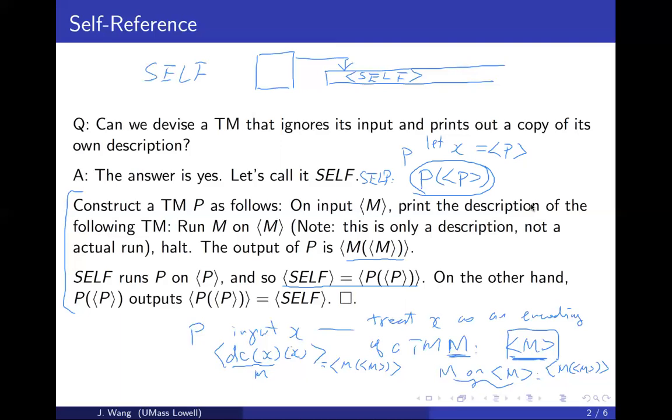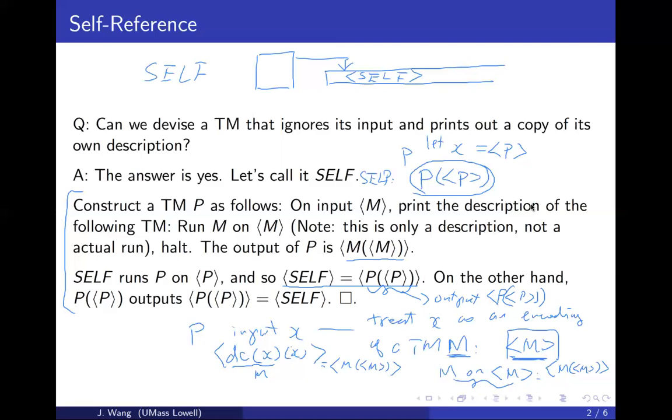Similarly, P on this encoding of P as input really outputs itself. So that's self. This Turing machine simply outputs the description of itself on the tape.